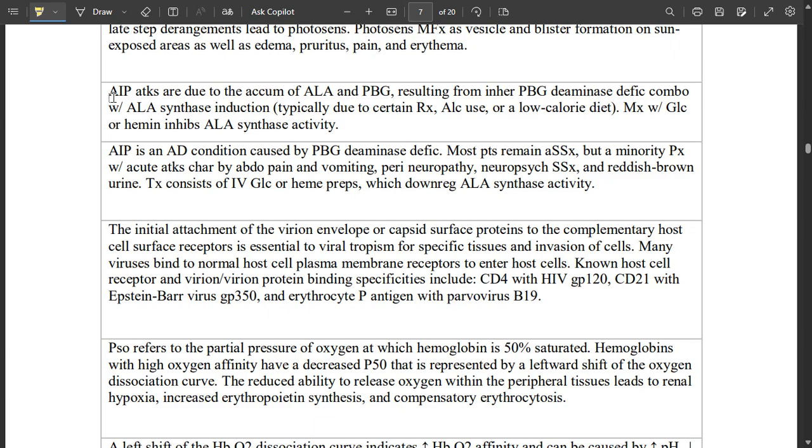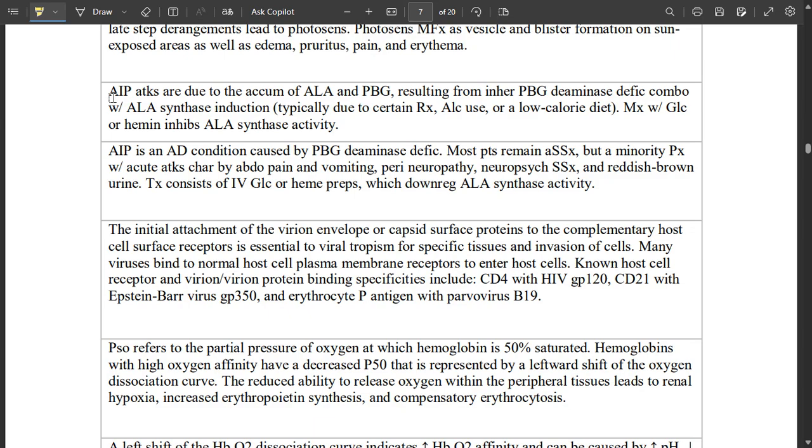So porphobilinogen deaminase, deaminase meaning removal of an amine group, is the enzyme that PBG deaminase acts on. This deficiency leads to acute intermittent porphyria in combination with ALA synthase induction. So there is induction of ALA synthase, so more ALA forms.